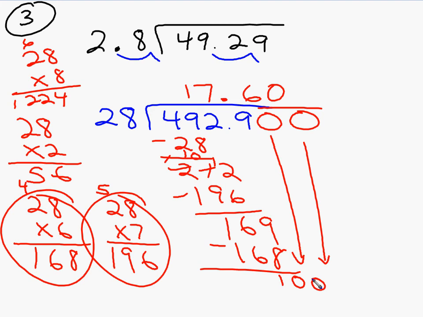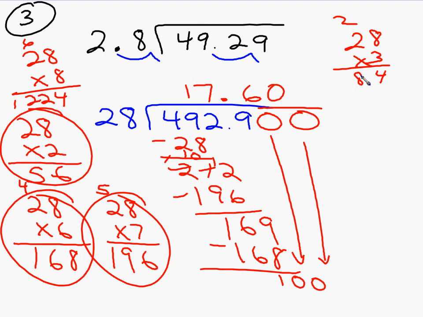Now, didn't I have 28 times 2 is 56? So what is it probably going to be? 28 times 3, 24, carry it, yep, it's going to be 84. So I put a 3 there, I put my 84 here, and then I could subtract and keep going.